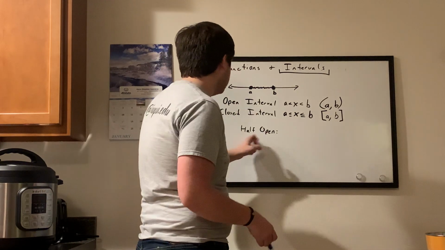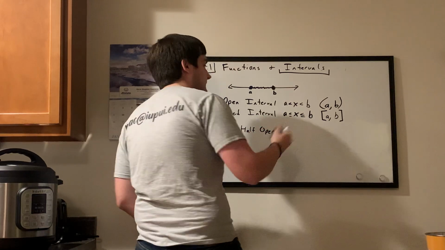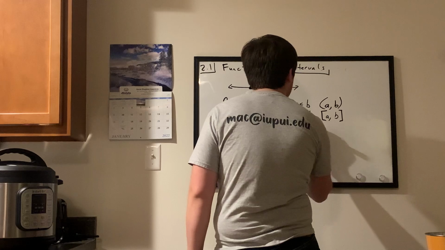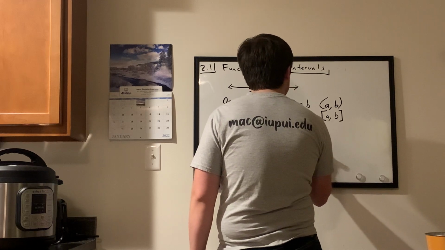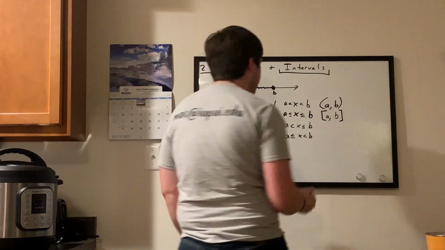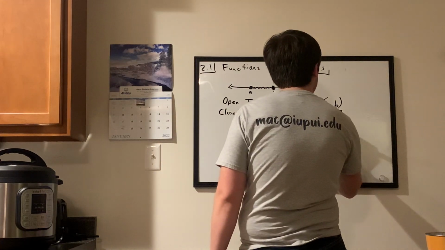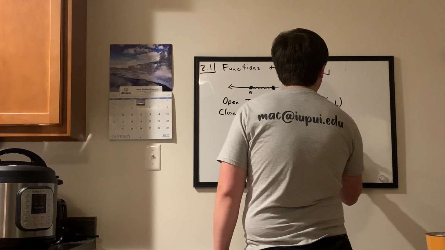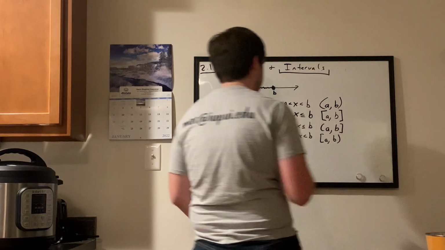For half open intervals, we can have a is less than x is less than or equal to b, or we can have a is less than or equal to x is less than b. This is just a mix of these intervals. On the first one, I'm going to have a parenthesis on a and a bracket on b, versus on the second one, I'm going to have a bracket on a and a parenthesis on b.